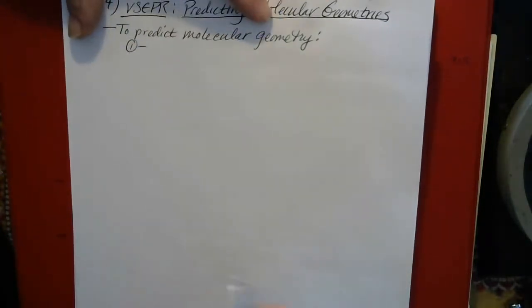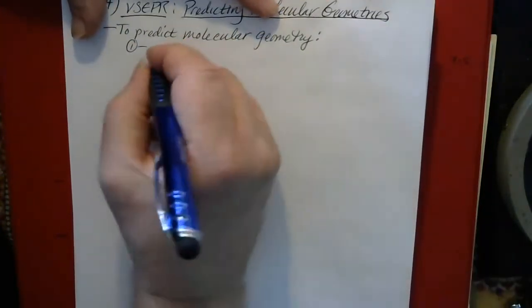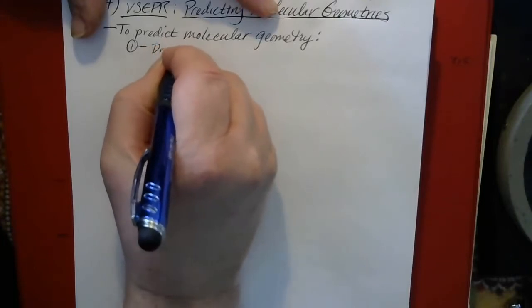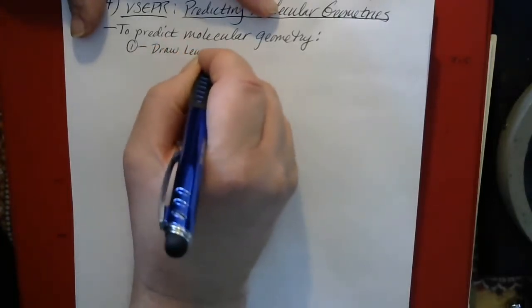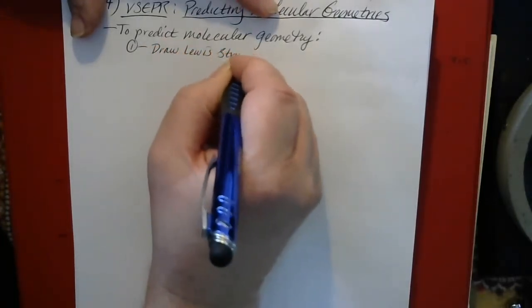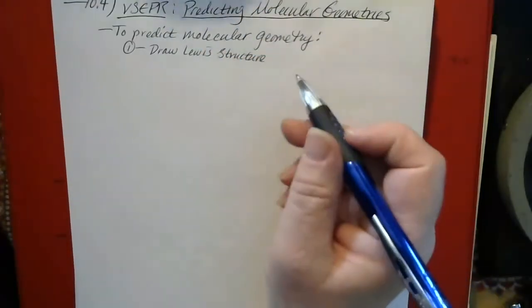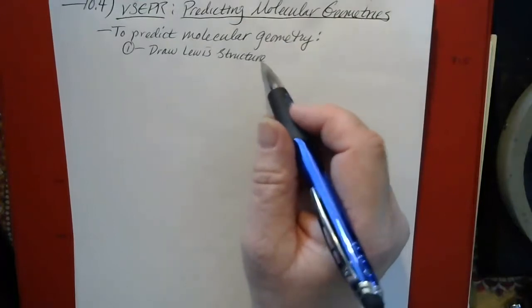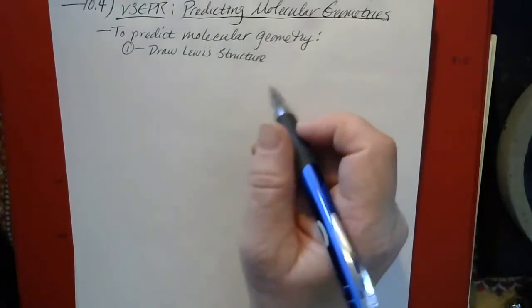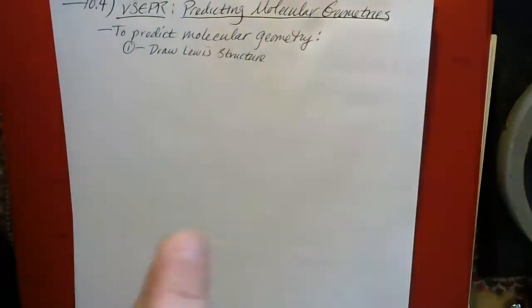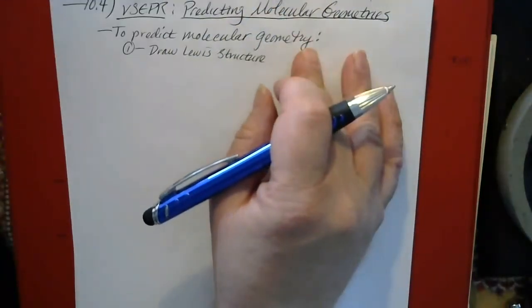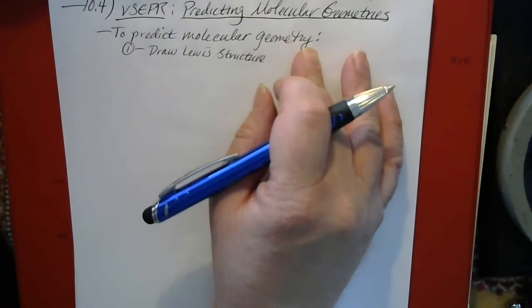So there are certain steps, like I said. The first step is draw the Lewis structure. And then you go on to the next step. And I always love the way that they throw in step one, do the Lewis structure, as if that's just like a snap. Do the Lewis structure, and we'll work an example or two.